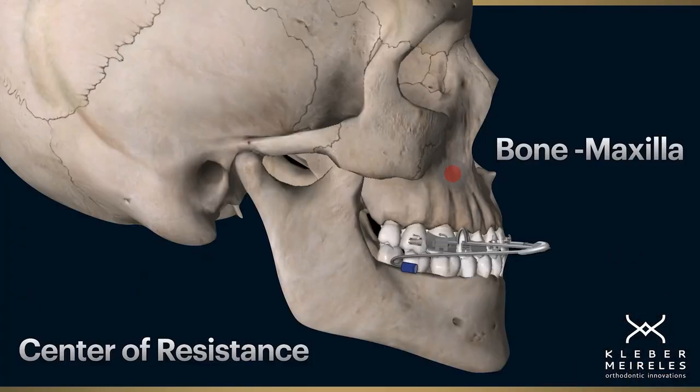We also have the center of resistance when we are applying a force to a different structure, for example, the maxilla, which is ligated to the skull by sutures.